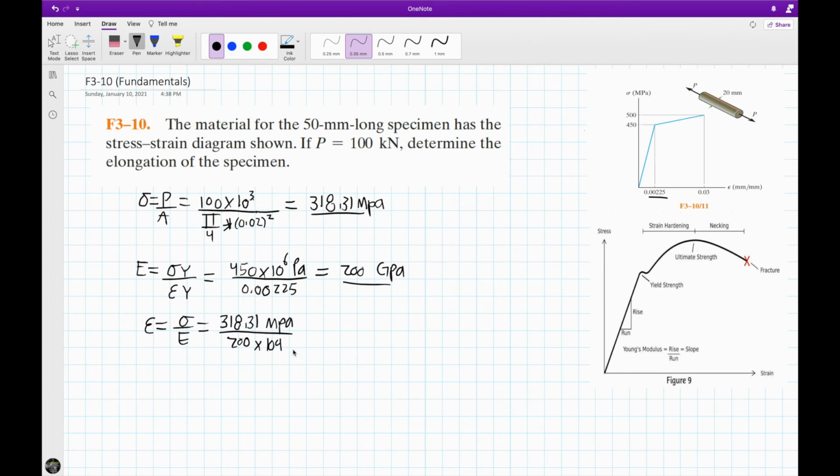And to provide homogeneous units, we're going to go ahead and convert the megapascals to pascals by multiplying times 10 to the 6. There's going to be pascal over pascal, which cancel out, which has no unit. So we enter it into a calculator and we get 0.001592.